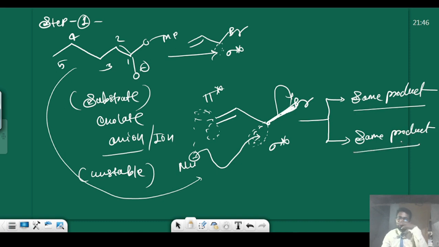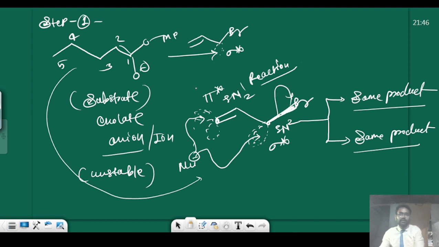You need to understand this. If the nucleophile attacks this sigma star orbital, it is called an SN2 reaction. If the nucleophile attacks the pi star orbital of the sp2 center of the allyl bromide system, it is called an SN2 prime or SN2 dash reaction. Are you understanding my point?